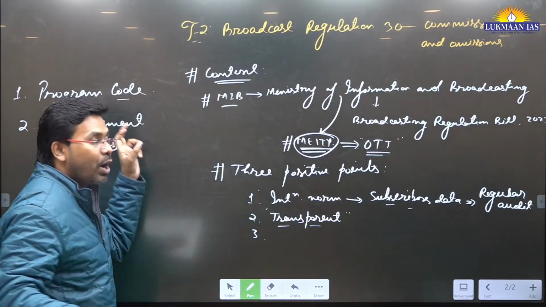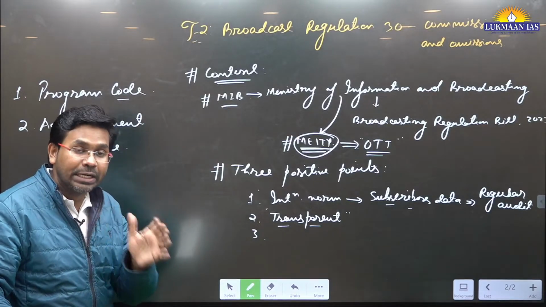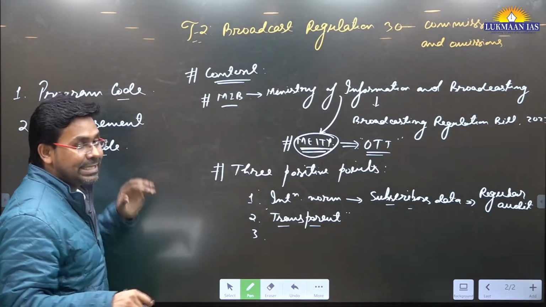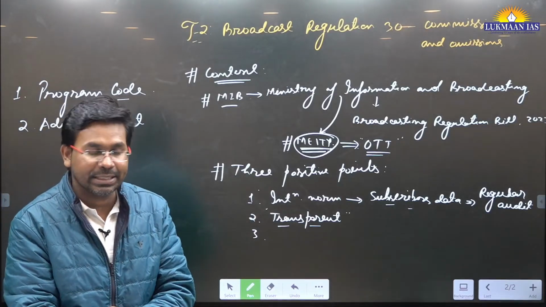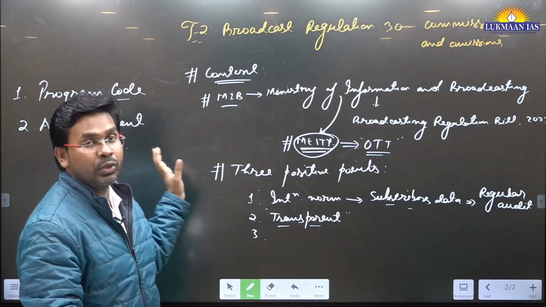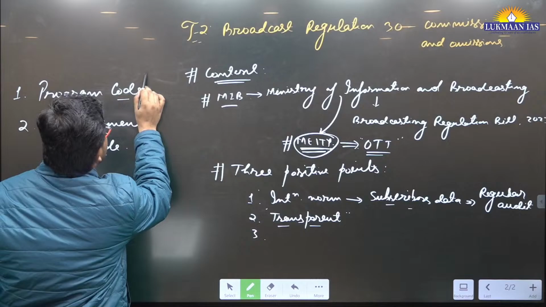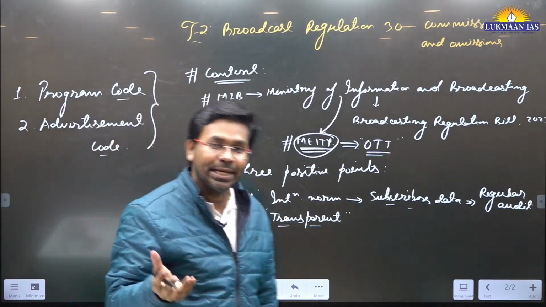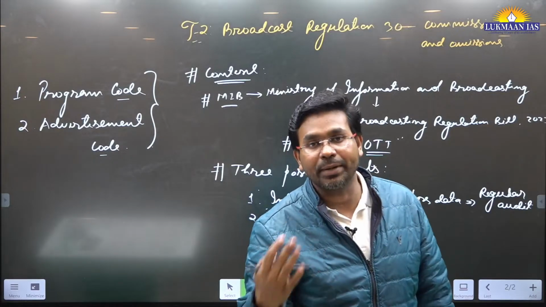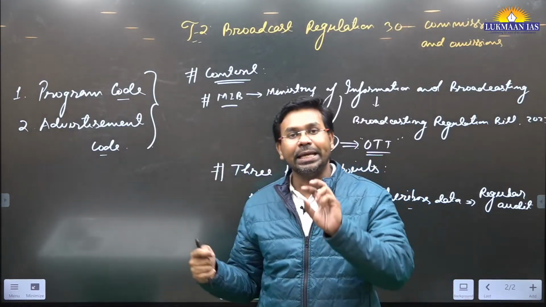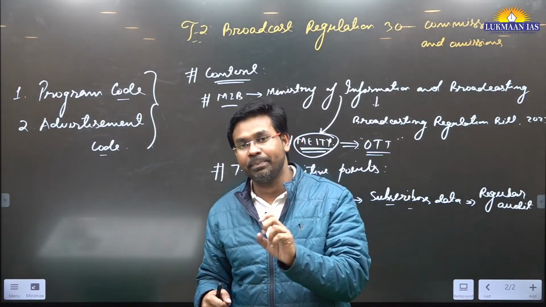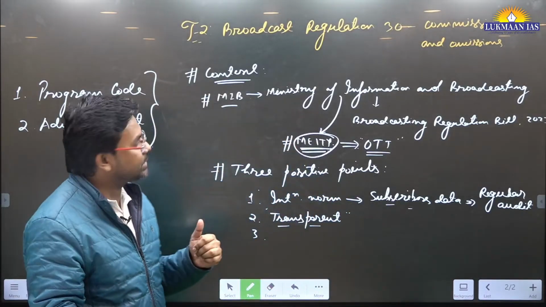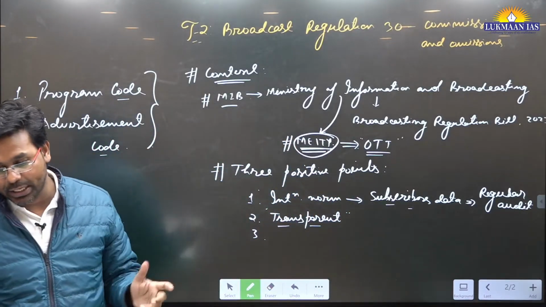So somehow they try to encroach upon the freedom of expression, the freedom of advertisement of these broadcasting agencies. Earlier articles talked about how the program code and advertisement code are vague in nature and can be interpreted by the ministry in a certain way that can hamper the business of broadcasters in India. These are the problems associated with this bill.